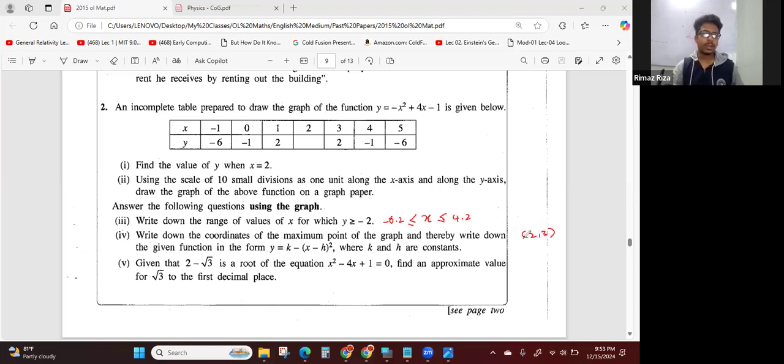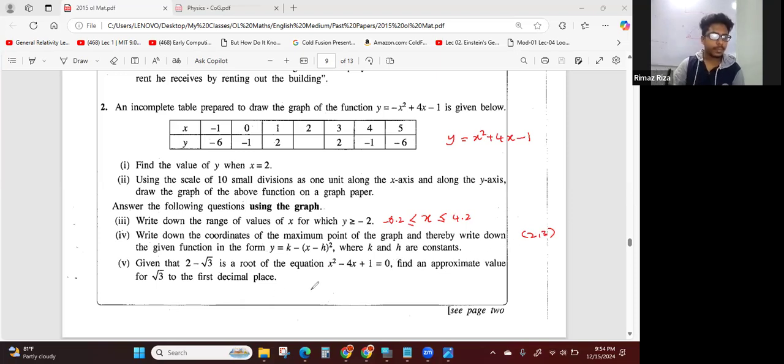So once you know the coordinate 2, 3, x is 2, y is 3, then you can write this equation y, which is this, x squared plus 4x minus 1. Okay, that same function I can write in this form. So how do we write that?